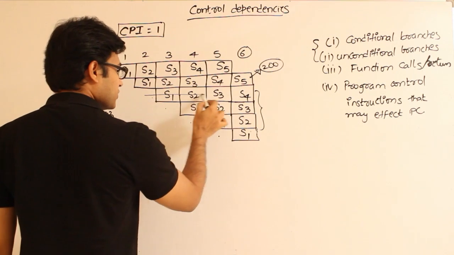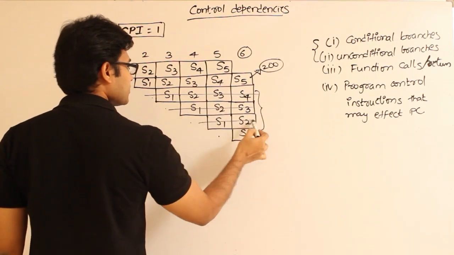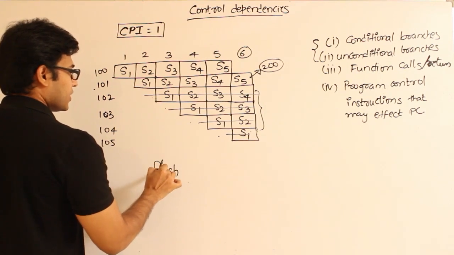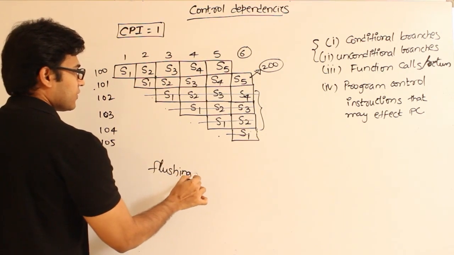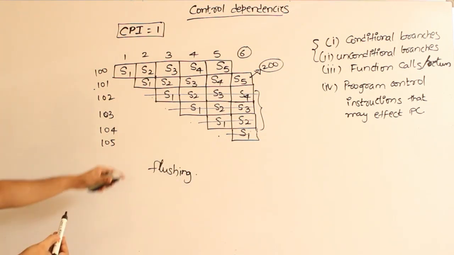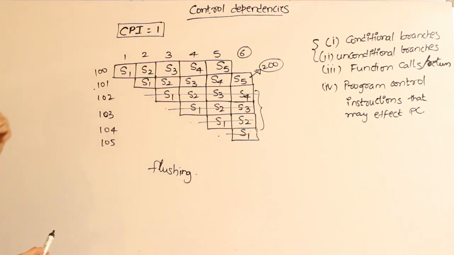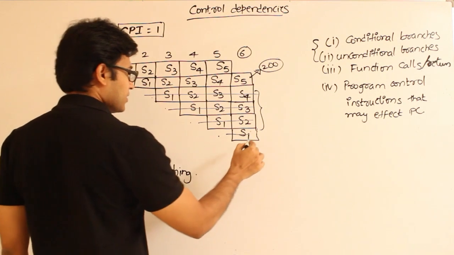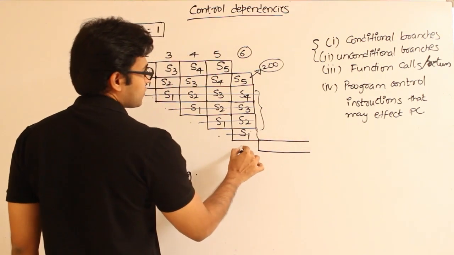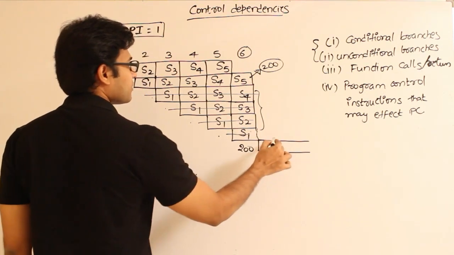We have to flush all this, that is called flushing. Flushing the entire pipeline with whatever instructions we have done, which means whatever instructions we did and whatever effects they have. Let us say they have affected some registers, and all those registers have to be restored to their before values. We have to flush all of them, and at this point again we are supposed to start the next instruction, which is starting at address 200, right?